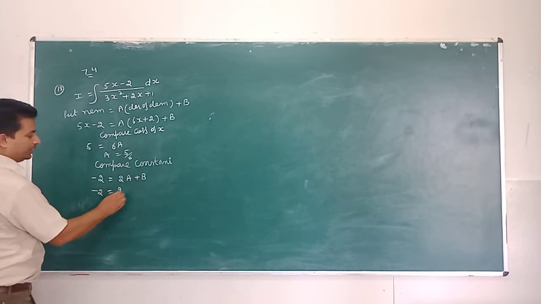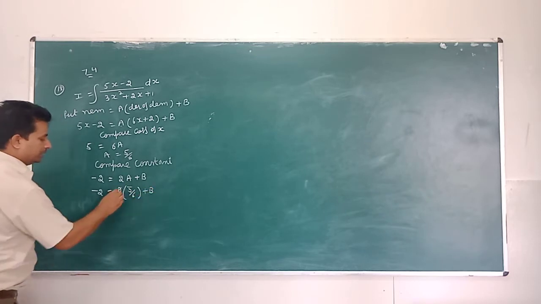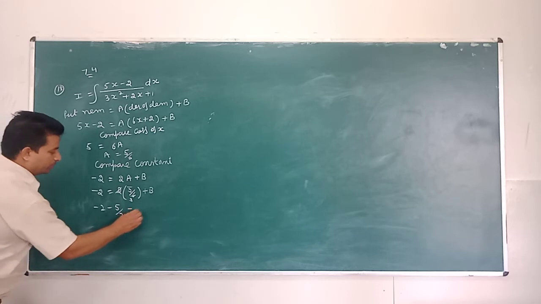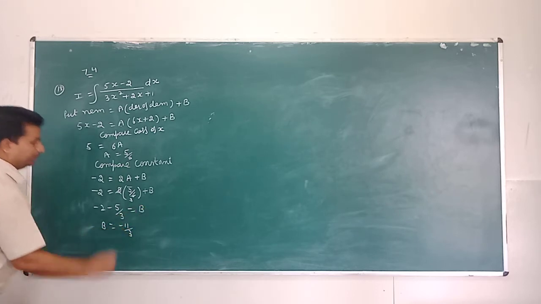When we put the value of a as 5/6, this gives minus 2 minus 5/3 equals b, so b is minus 11/3.